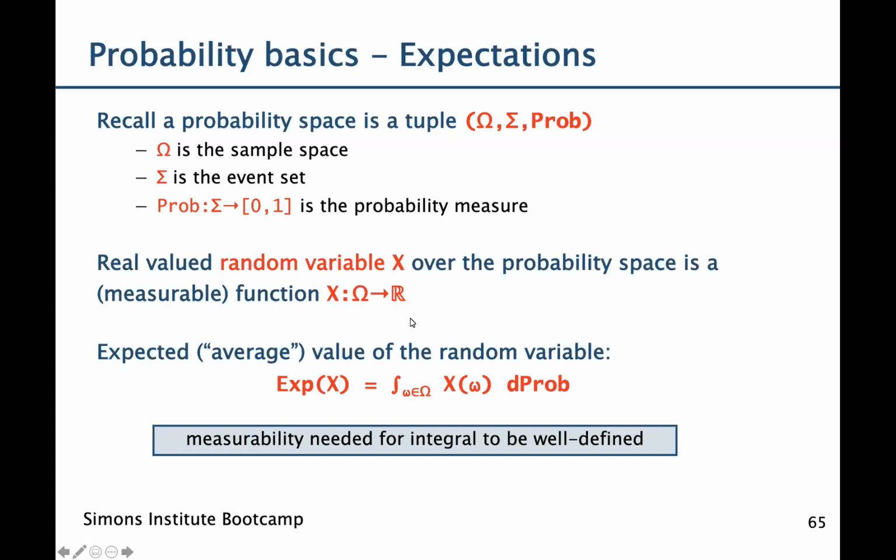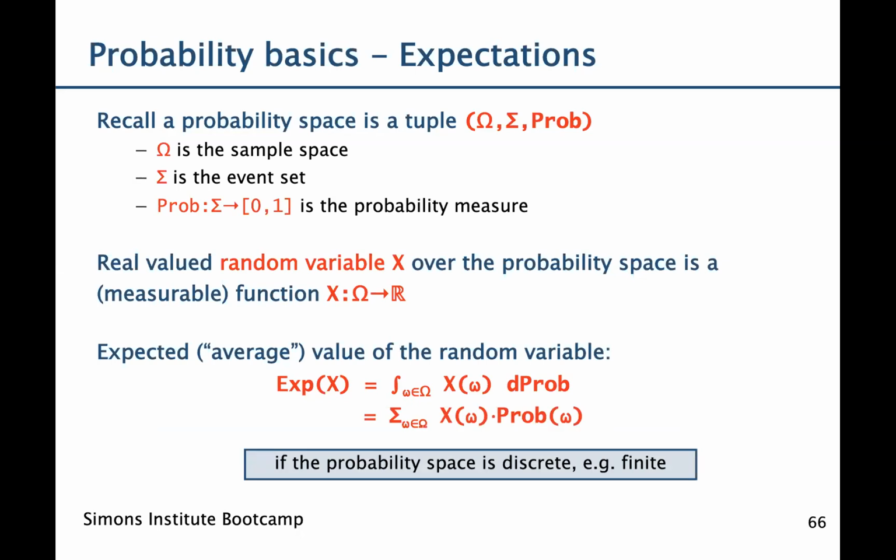This is given by taking an integral over all elements of the sample space, with respect to the probability measure. So if we've got a finite or discrete probability space, then we can turn this into a sum, which is just the sum of the values multiplied by the probability of them.